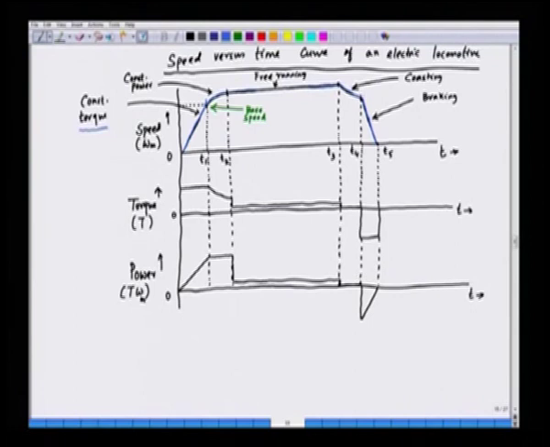What about the torque variation? The torque variation is as follows. During the constant torque region, the torque remains constant, and then when we go to the constant power region, the torque decreases, because during this region T into omega is constant, that is the power.